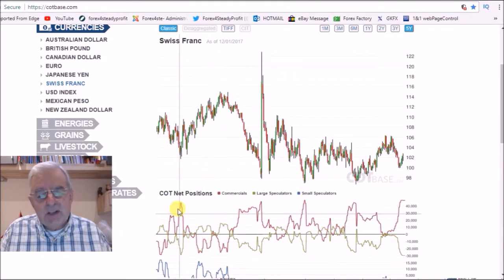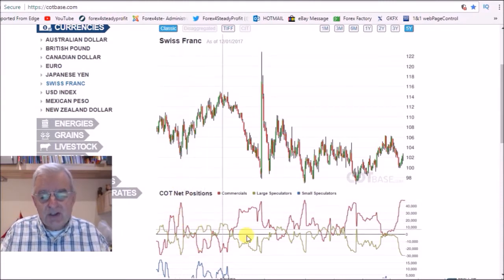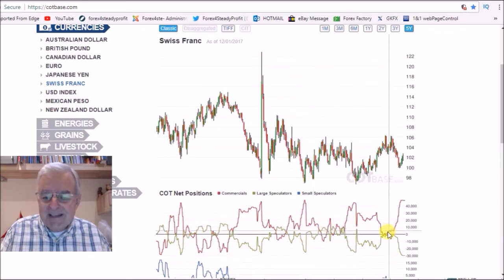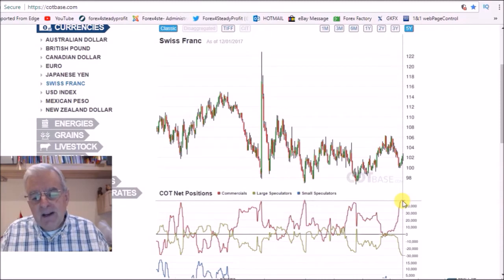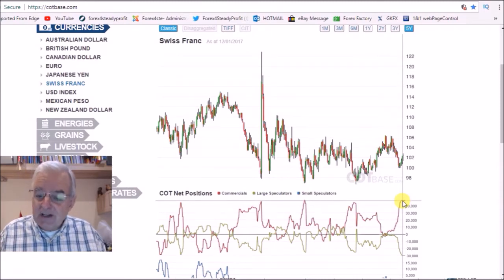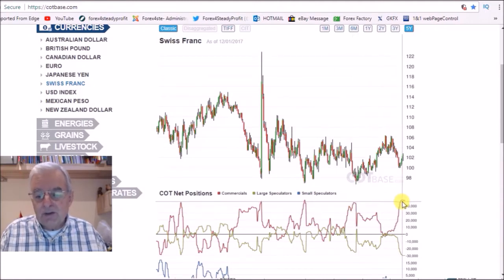So by using the commitment of traders report and plotting the positions on the graph, you can get a picture of where positions were historically, and also the consequences of a move by the commercials, long or short. And this gives us a really good indication of what to expect.